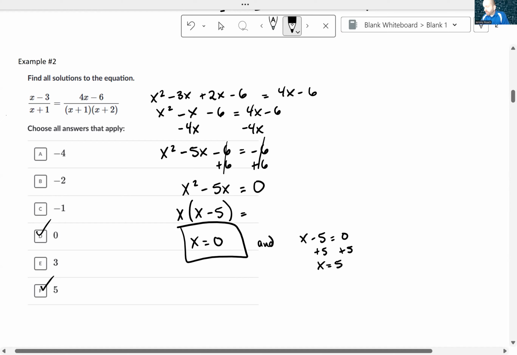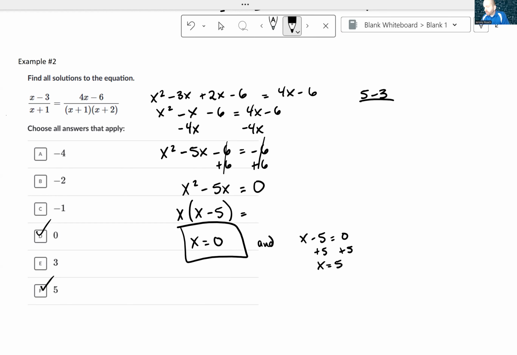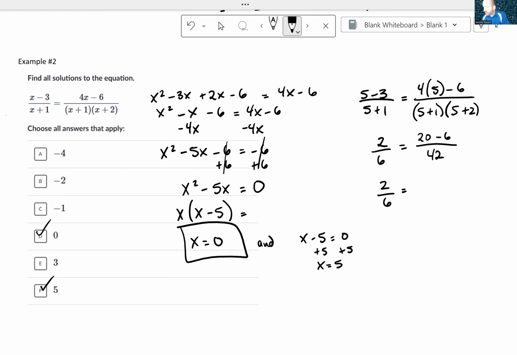Now let's plug in 5. 5 minus 3 over 5 plus 1 equals 4 times 5 minus 6 over 5 plus 1, quantity 5 plus 1 times quantity 5 plus 2. Gives us 2 over 6 equals 20 minus 6 over 6 times 7 is 42. 2 over 6 equals 14 over 42.